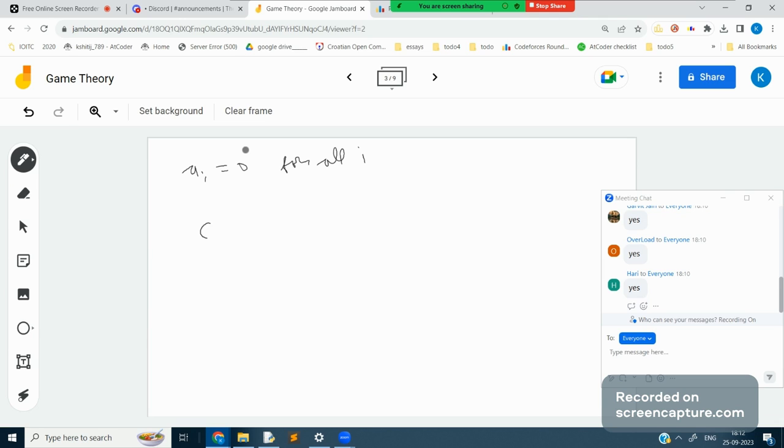So now the claim is: if A1 XOR A2 XOR A3 and so on XOR An equal to 0, Bob has a winning strategy. Else Alice has.